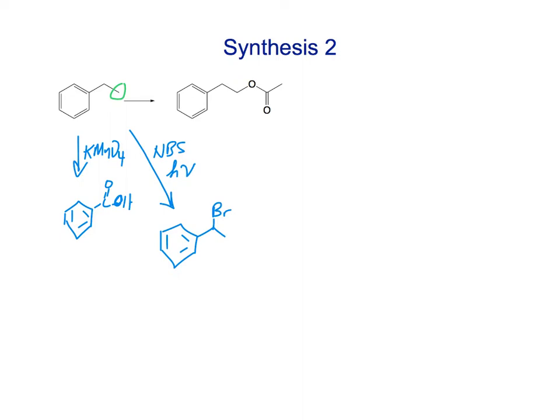Right, we could do an elimination to form a double bond, and then the double bond is now bridging those two positions. Then we need to do a reaction that can move the functional group out to the less substituted side. If we do an elimination, maybe we want to use a bulky base like tert-butoxide so we don't get just substitution, and we can form a double bond out here.